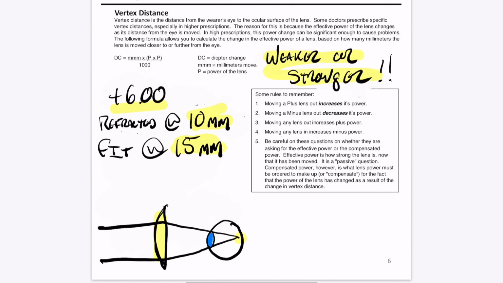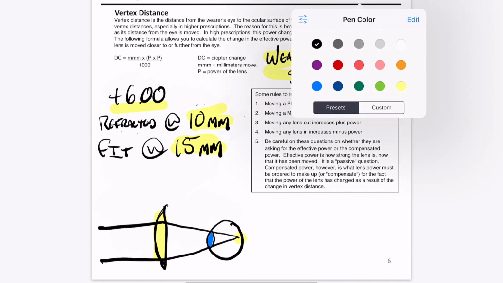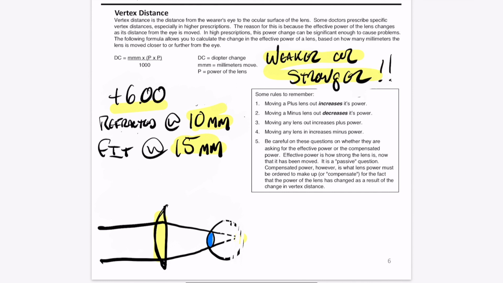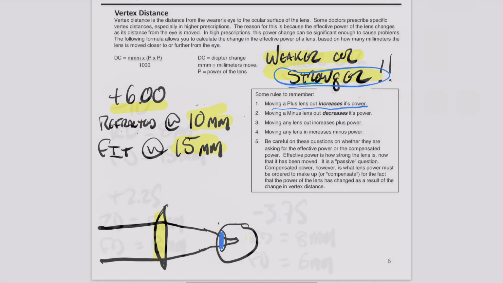If we were to move that eyeball back to a distance of 15 millimeters, now that lens would be too strong. The light rays would come to focus before they made it to the retina. So that would make the lens stronger. Remember, moving a plus lens out increases its power.